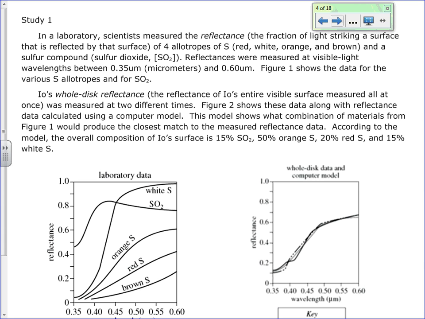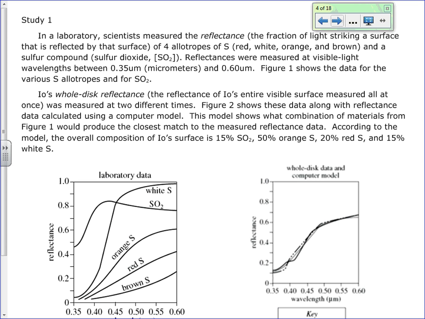Reflectances were measured at a visible light wavelength between 0.5 micrometer and 0.20 micrometer. Reflectance of Io's surface was measured at two different times.